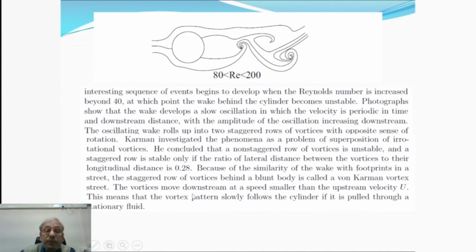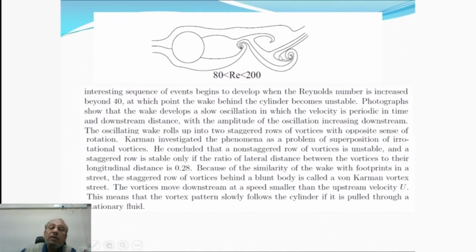The vortices move downstream at a speed smaller than the upstream velocity u infinity. This means that the vortex pattern slowly follows the cylinder if it is pulled through a stationary fluid.